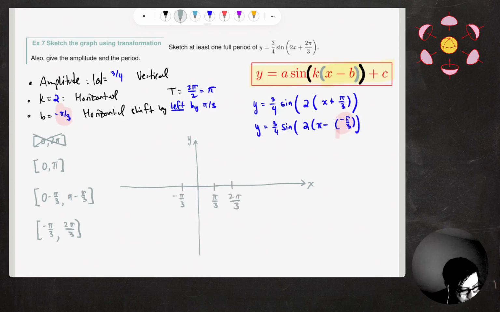Since I keep using 2's because if you're going to cut things up into 4 pieces, it makes the algebra a little cleaner. So this is actually going to be our interval now, from minus pi over 3 to 2 pi over 3. And the 4 pieces maybe are a little hard to see, so maybe I'll do them in purple just so that you can see that there really is 4 pieces that we cut this up equally.